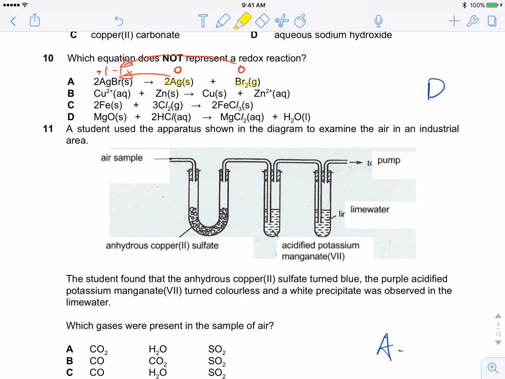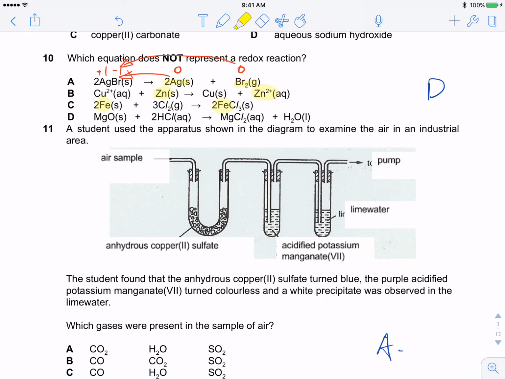Let's look at another example. Zinc here is in the elemental state, it became zinc 2 plus. So there's obviously a change in oxidation state number. Here, iron 3 plus, there's a change in oxidation state number. Now let's look at the last example. Here, magnesium oxide, magnesium is Mg2 plus. On the right side, magnesium in magnesium chloride is still Mg2 plus.